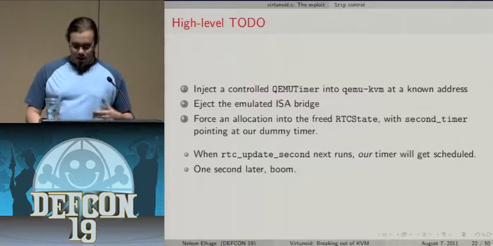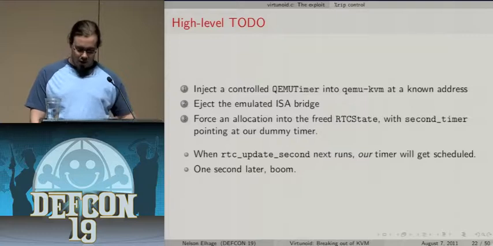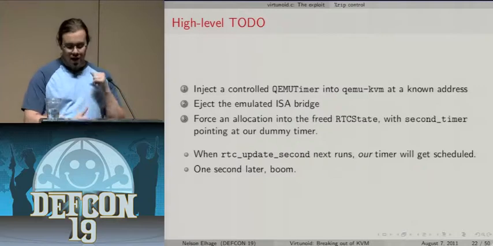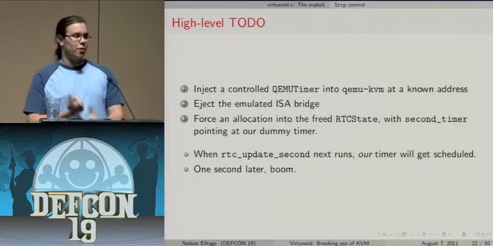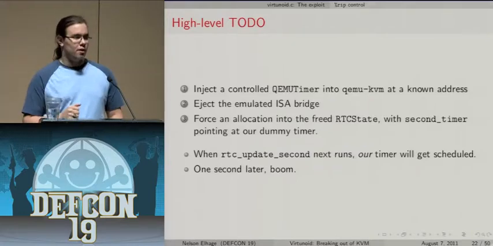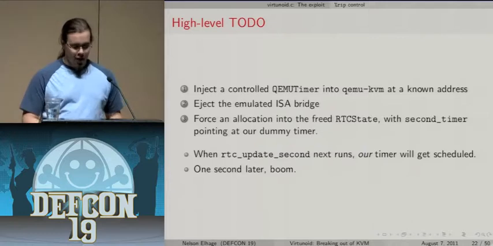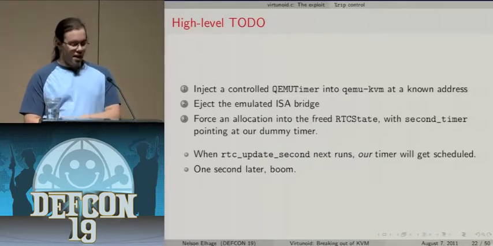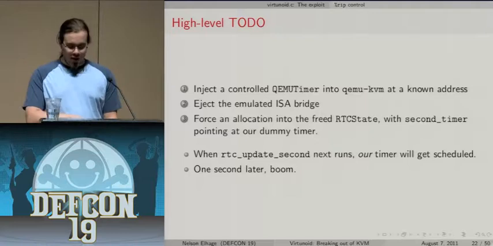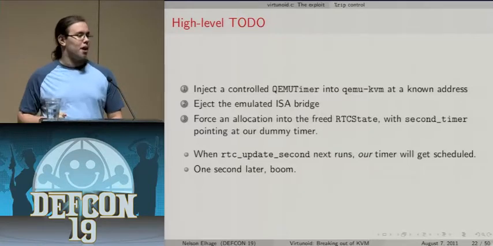So for getting RIP control, the high level plan is fairly straightforward if you look at how the code works. We're going to need to create a fake QEMU timer object that we control and inject that at a known address. Then we'll trigger the eject, we'll eject the ISA bridge, and then we will force an allocation into the space previously occupied by the RTC state structure that points that second timer field at our timer.